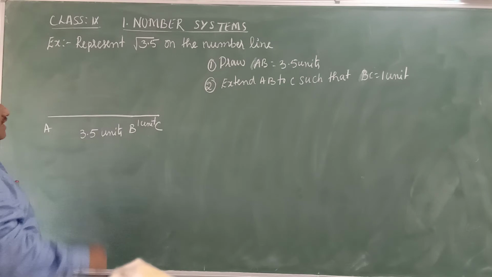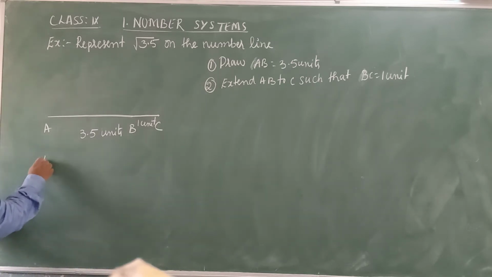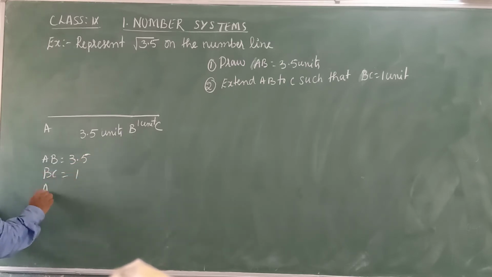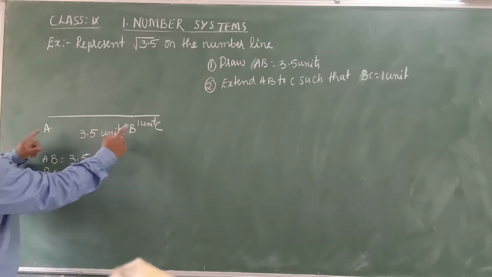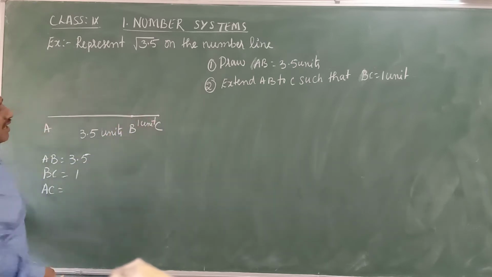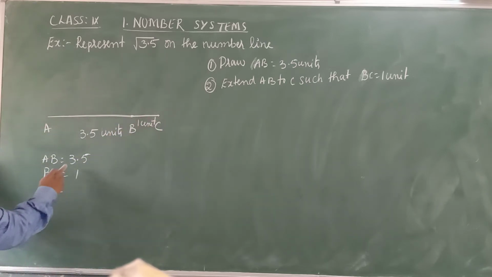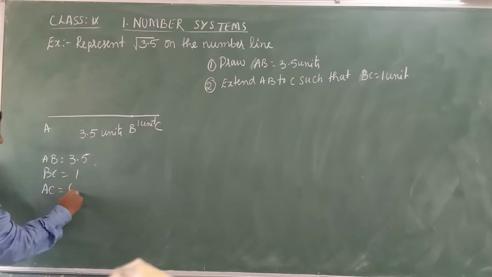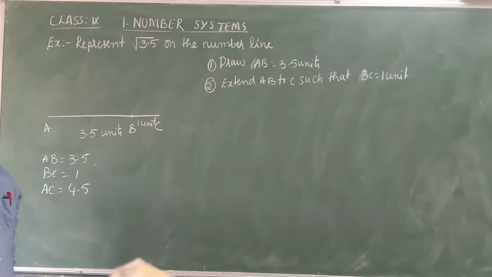Now AC is equal to how much? Here AB is equal to 3.5 units and BC is equal to 1 unit. Then AC is equal to AB plus BC, that is 3.5 plus 1, which is 4.5 units. So that extension is over.